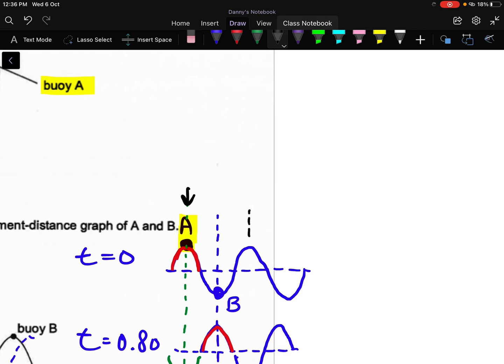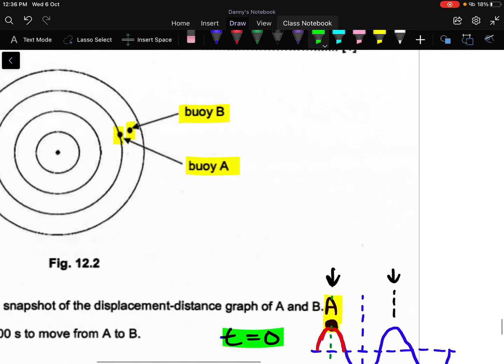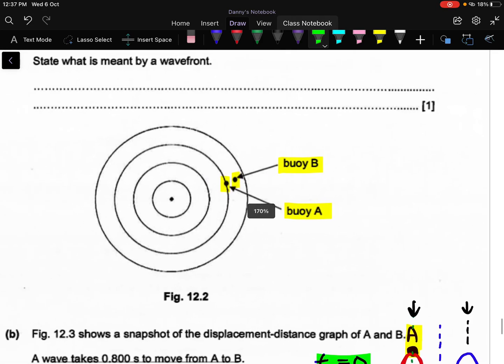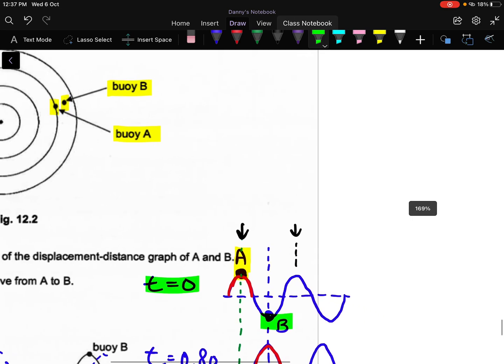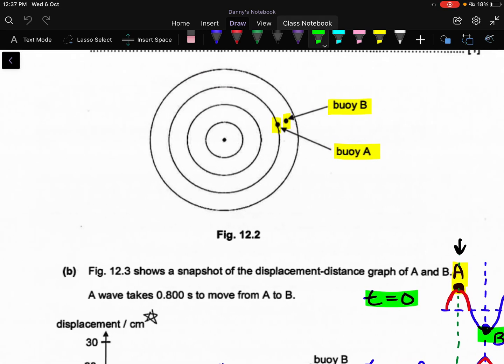This is a crest, this is also a crest, so in between two crests, this is B. So at the point that figure 12.2 is taken, it looks like that. Then after that, it says that the wave takes 0.8 seconds to move from A to B.